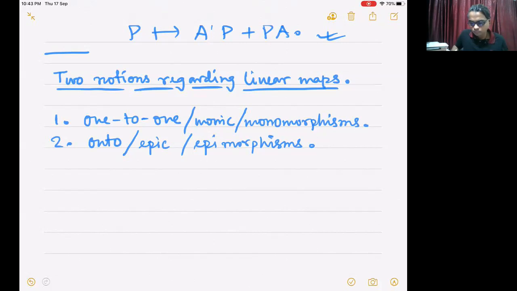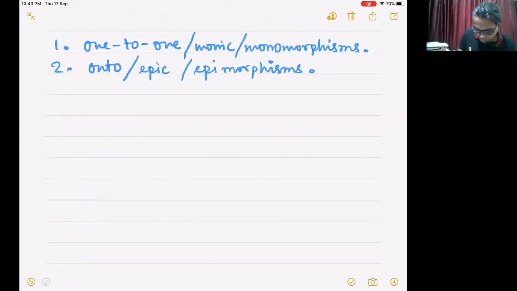Okay, all right. So first we concentrate on one-to-one maps. I'm going to write one-to-one like this, as shorthand.